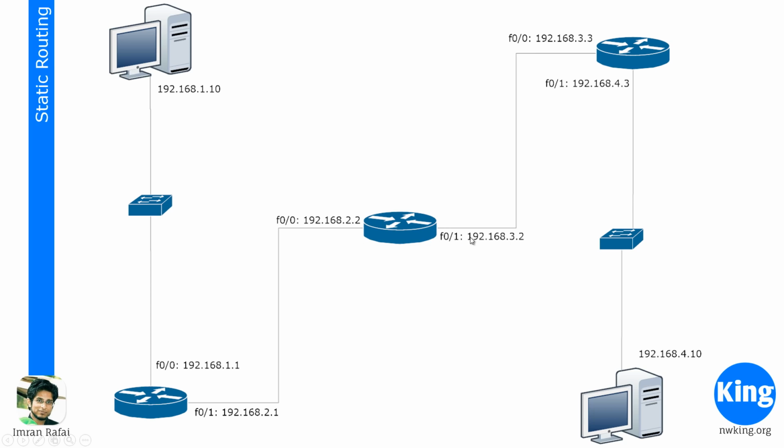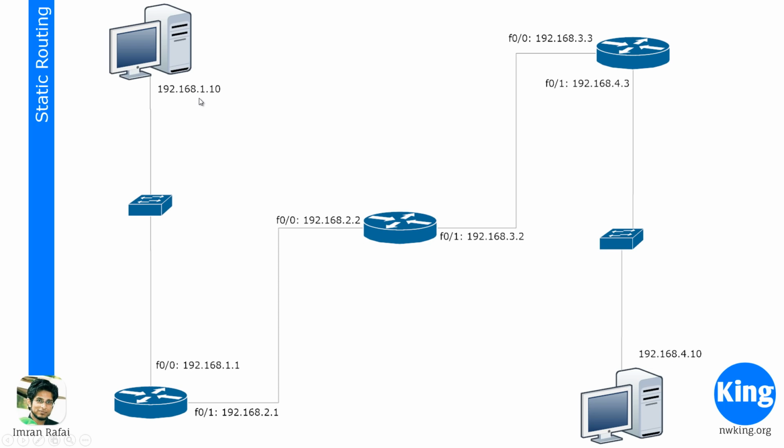That router in turn is connected to 192.168.3.2 and then connected to a 3.3 interface on another router. And the third router's other interface is connected to IP address 192.168.4.3, which is connected to a switch and then connected to another host with an IP address 192.168.4.10.